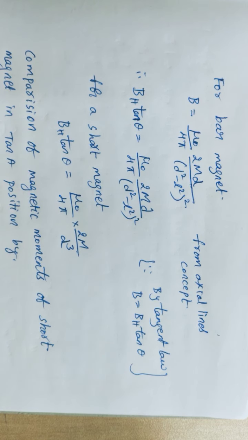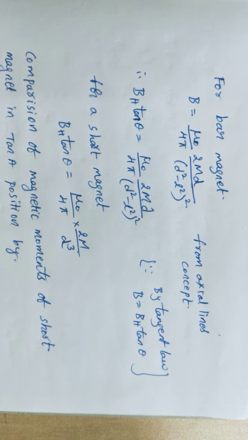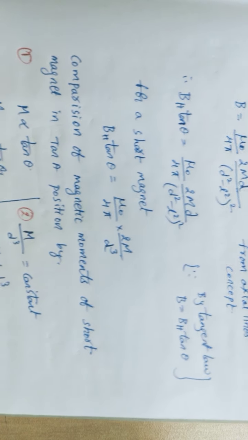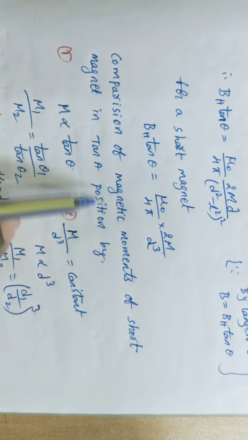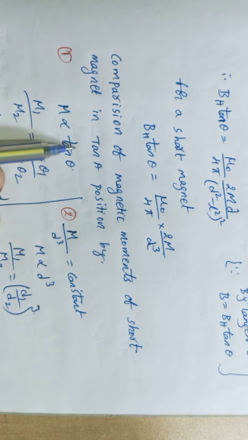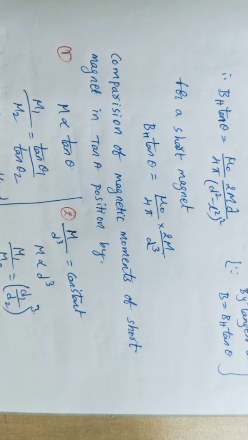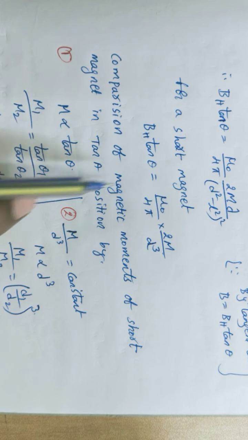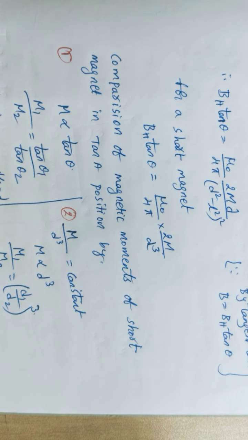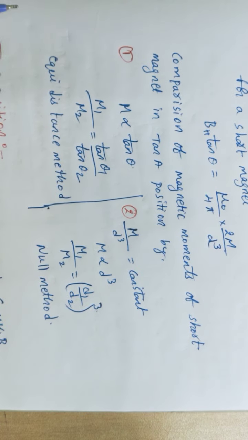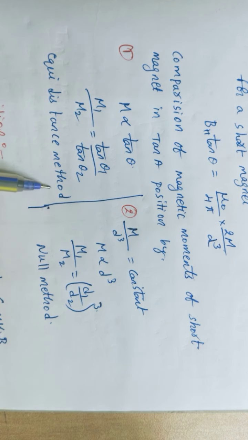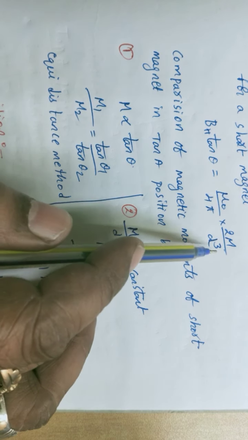Okay, students, by observing this equation, we can observe two things. That is, comparison of magnetic moments of short magnets in tan A position, where m is proportional to tan theta. This we call the equidistance method. Equidistance method means distance is constant.